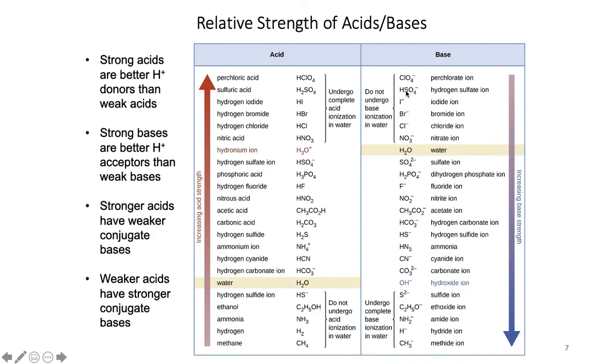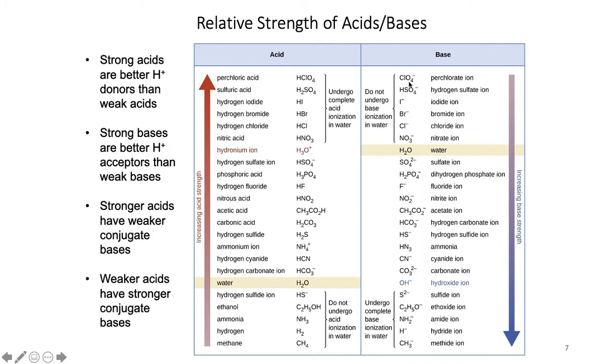This is its conjugate base. Because it's a strong acid, it completely dissociates to form this and the hydronium ion, which means that if I put this in water, I don't have H2SO4 anymore. I will have HSO4 minus because it's a strong acid.